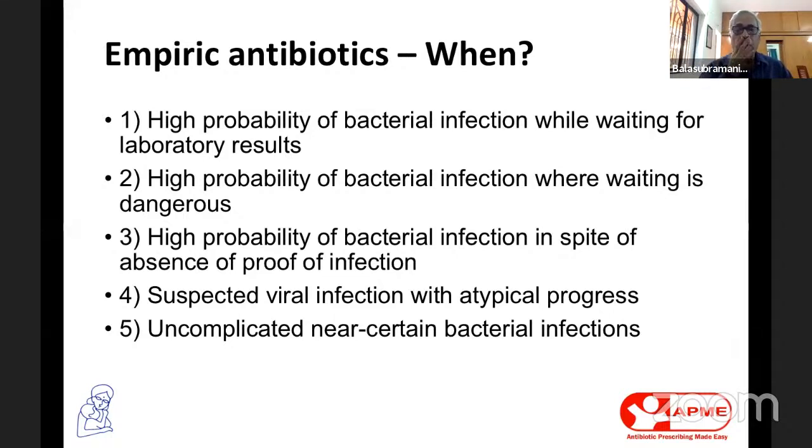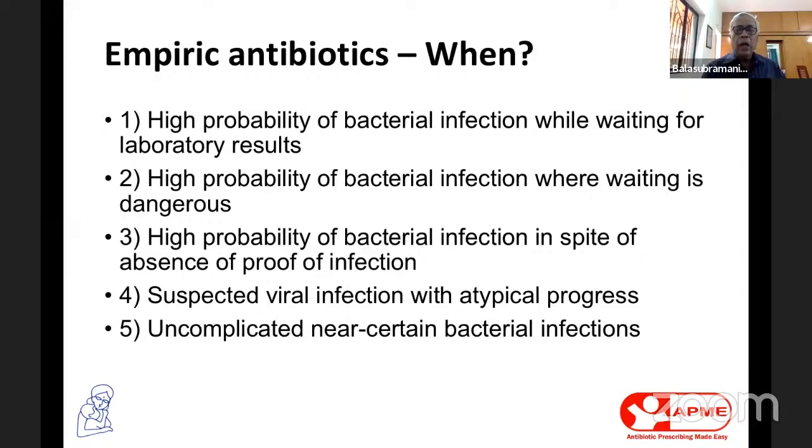Mind you, chicken pox, if a child has got fever on the 5th day, please start thinking of bacterial infection. That's an atypical progress of a viral infection. In fact, even in dengue, if fever crosses 7 days, you should always think of starting an empirical antibiotic.